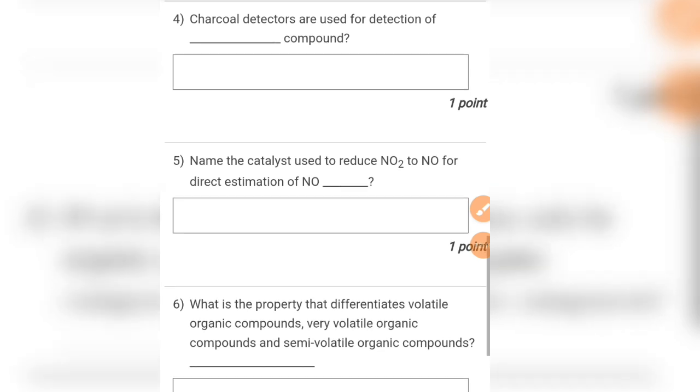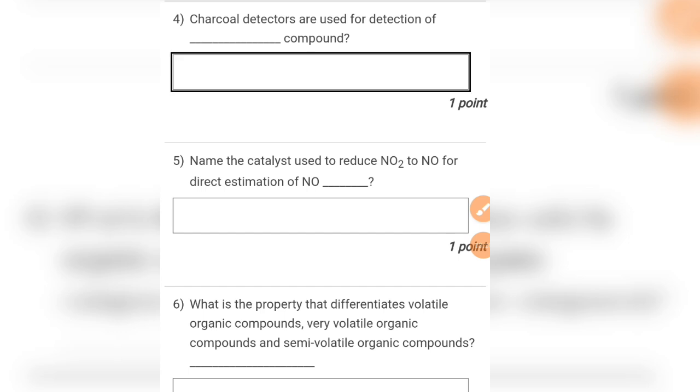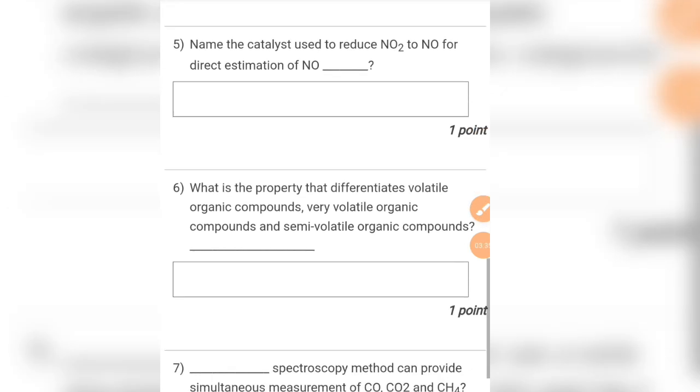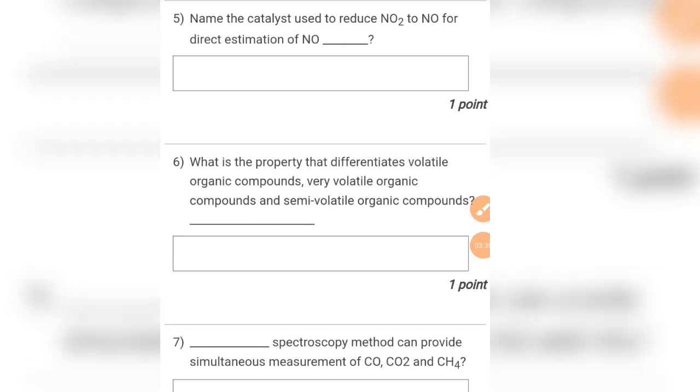Okay, question number 4 is fill in the blanks. The question is: charcoal detectors are used for detection of dash compounds. So it is used for detection of organic compounds. Moving to the next one, question number 5 is again fill in the blanks. The question is: name the catalyst used to reduce NO2 to NO for direct estimation of NO dash.